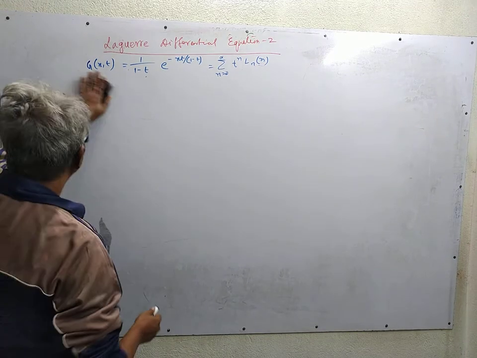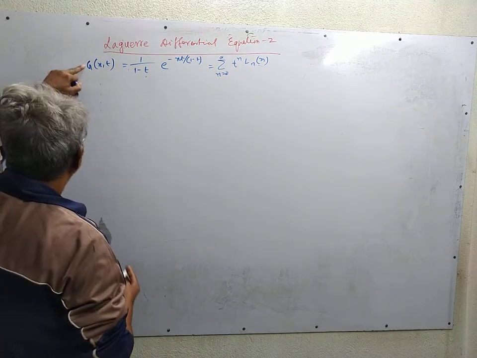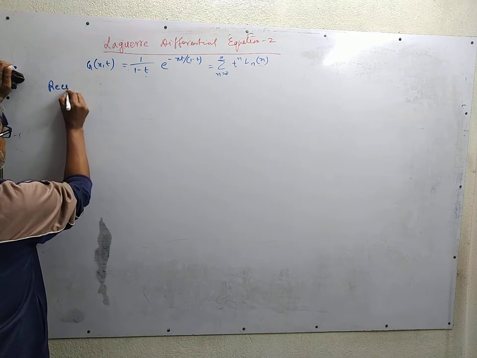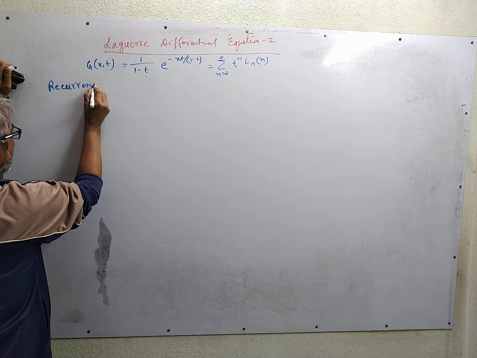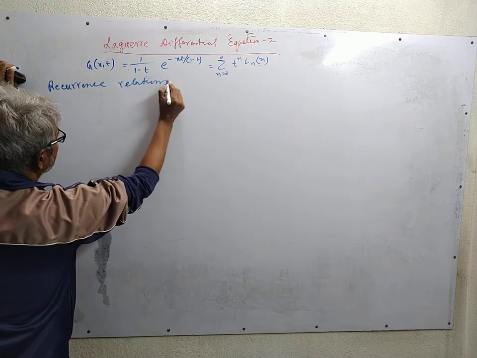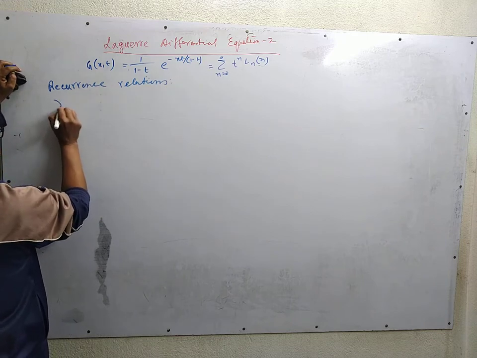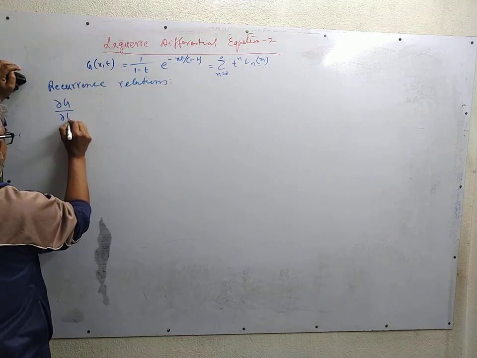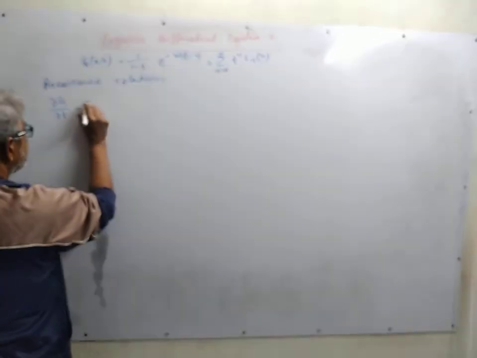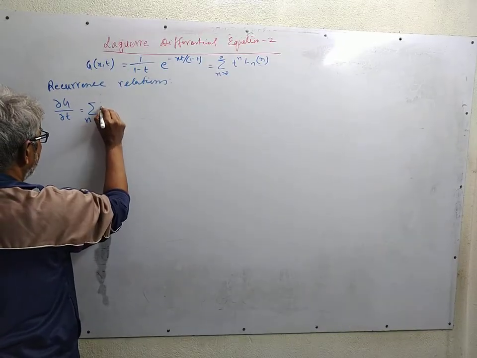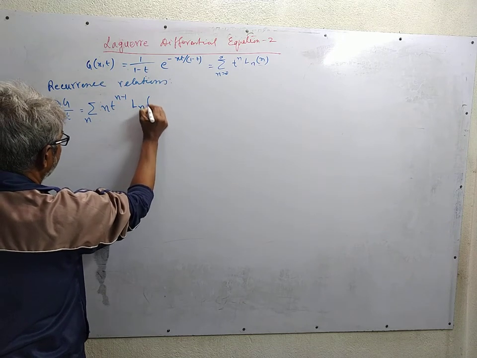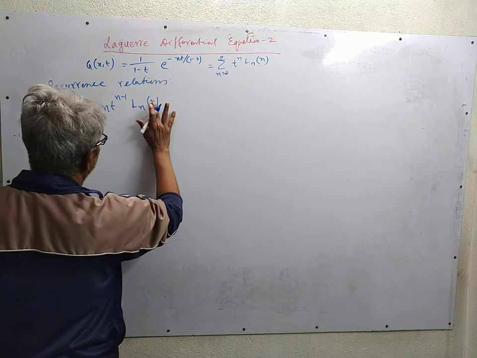So first thing we differentiate this one with respect to t for the recurrence relations. So del g del t. If we take this part, we get summation over n t to the power n minus 1 Ln of x.